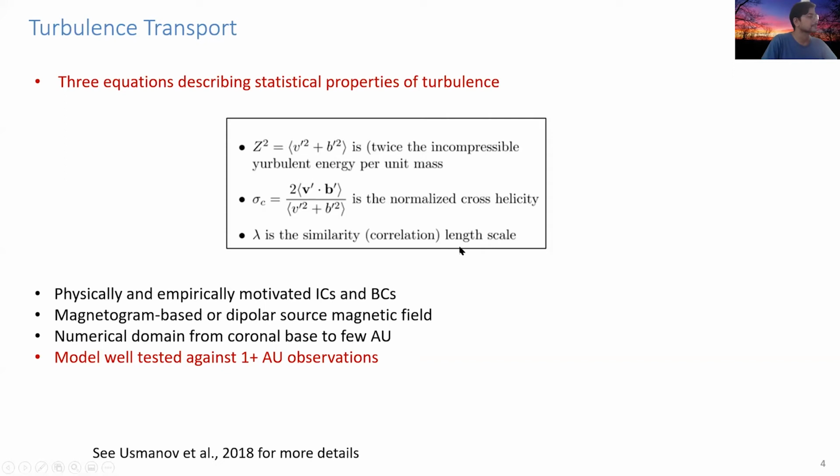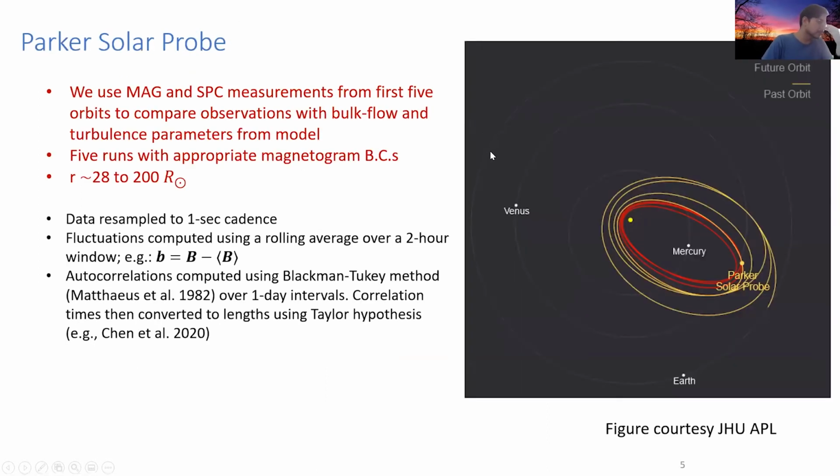This model has been developed over the past decade or so, and it's been well tested against 1 AU observations and at larger distances as well. But during the PSP era, we're now able to test this model against observations made much closer to the sun.